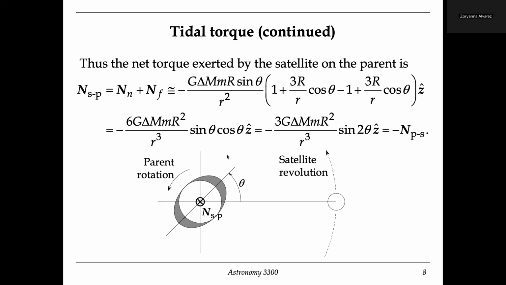Now we can take advantage of the fact that sine theta cosine theta has an identity, and that is equal to what? Almost there. Over 2. So this over 2 takes the 6 back down to 3.